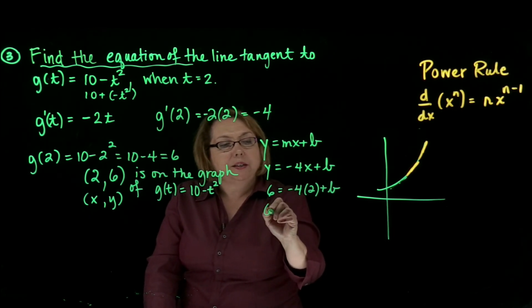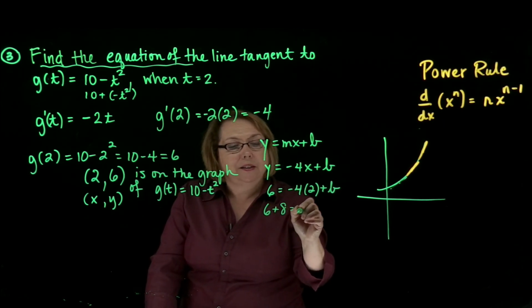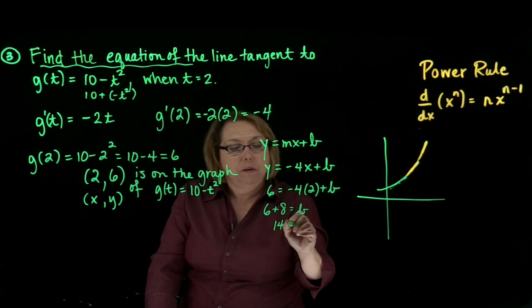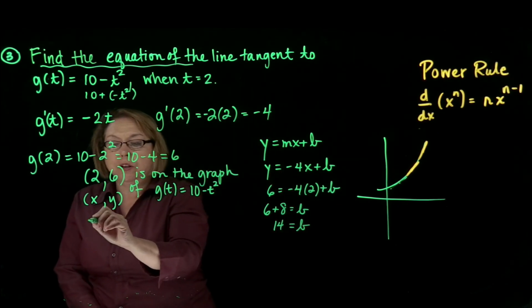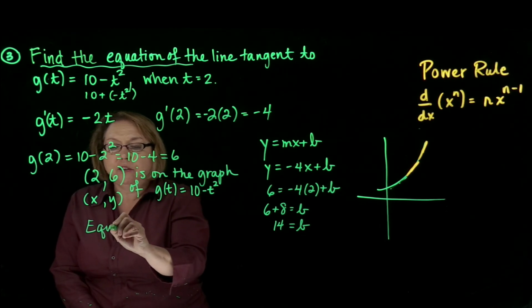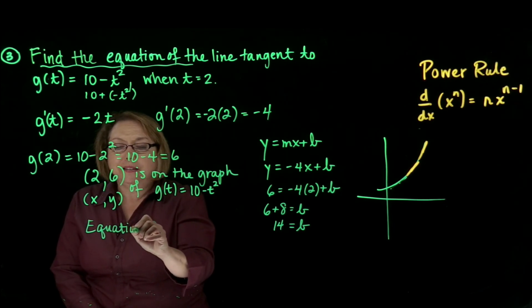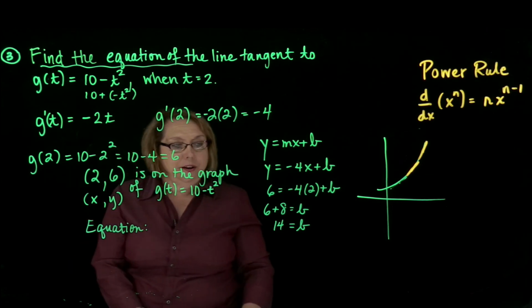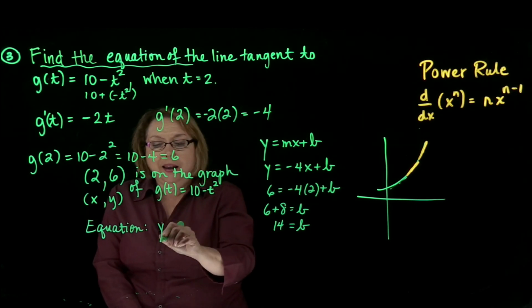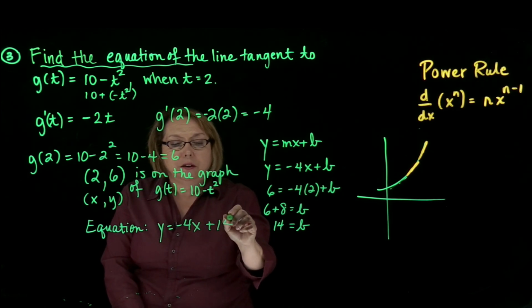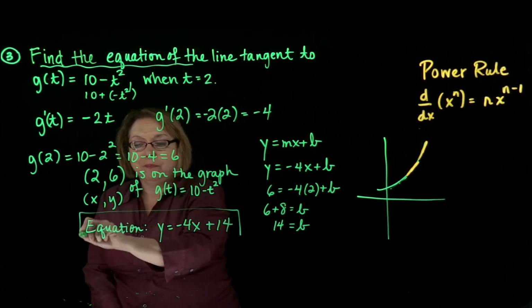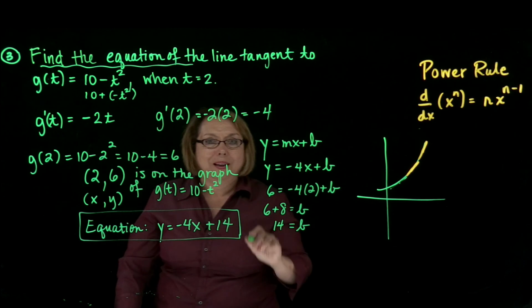So I'll have 6 plus 8 is equal to b, or b is 14. So therefore, our equation of that tangent line at t equals 2 is going to be y equals negative 4x plus 14.